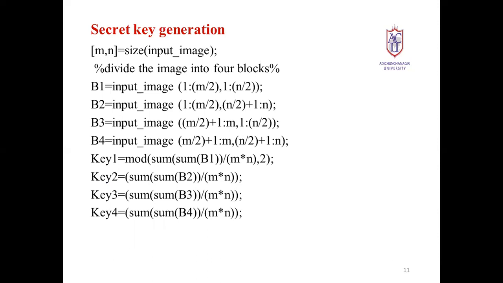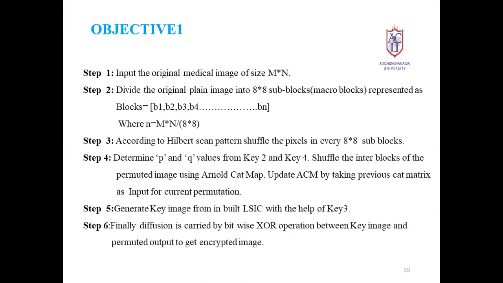The input image will be divided into 4 equal blocks. Key 1, key 2, key 3, key 4 will be generated corresponding to B1, B2, B3, B4. Key 1 is used for selecting whether the Hilbert transform has to be scanned from the left or right. If the key 1 value is 1, then the scan starts from the left.